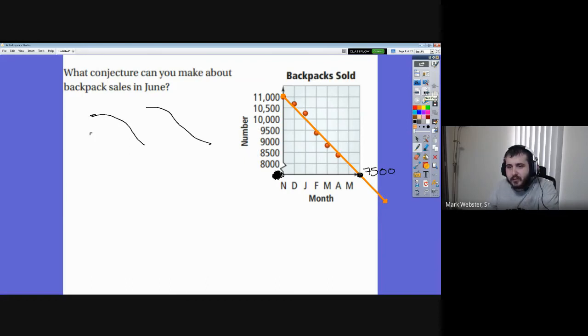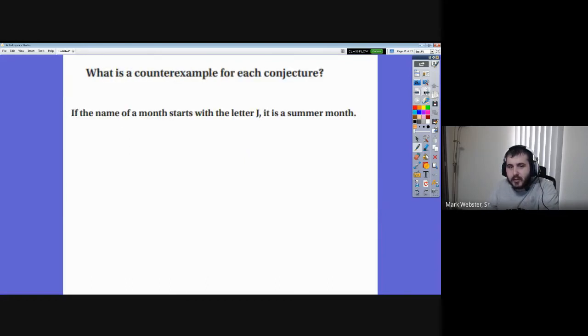Okay, let's look at another problem. Counterexample. So we talked about a hypothesis, right? Conjecture sort of means hypothesis. And if we have a hypothesis, in order to give it validation and make it into a theory, we talk about that in science.